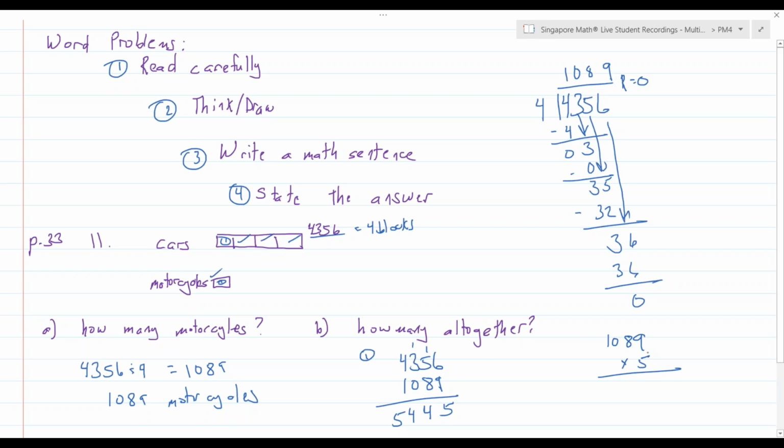So if each block has 1,089 vehicles in it, either motorcycles or cars, then I can multiply. 9 times 5 is 45. 5 times 8 is 32 tens, plus 4 is 40 tens, plus 4 is 44 tens. 5 times 0 is 0, add 4. 5 times 1 is 5. So either way, I get the same answer, and I need to state the answer. There are 5,445 vehicles altogether.